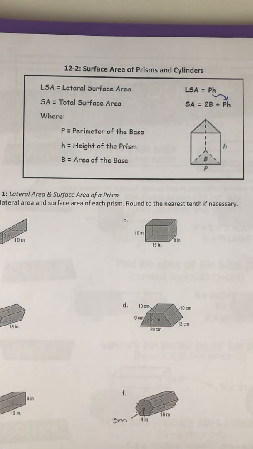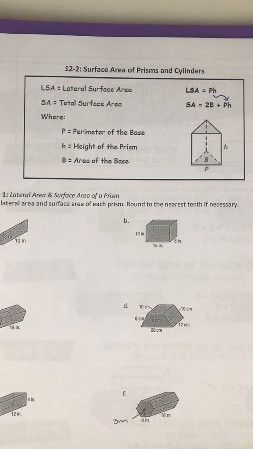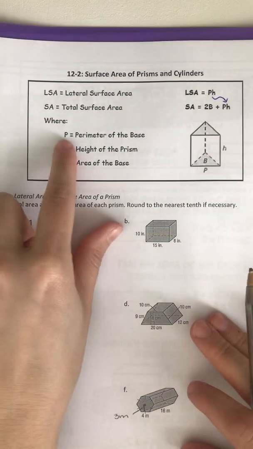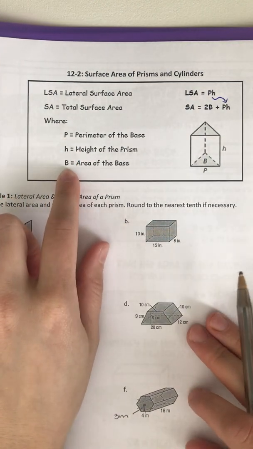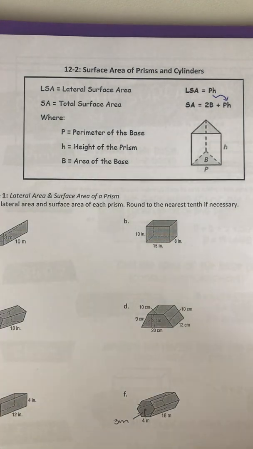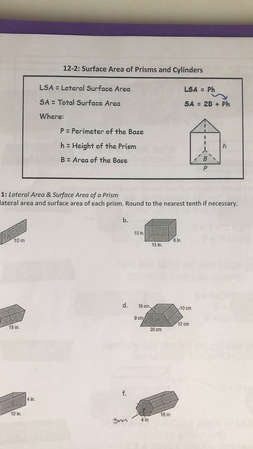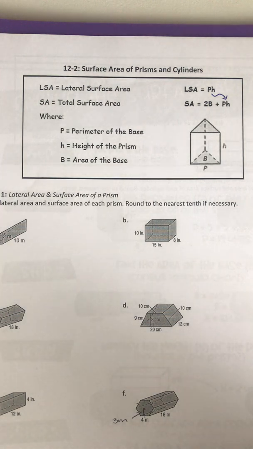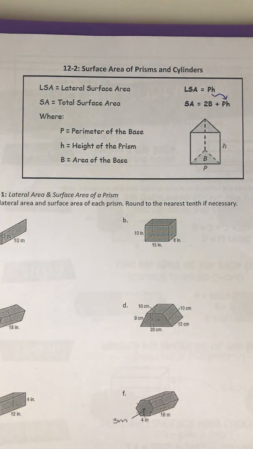And if you noticed in your formula sheet, they're all lowercase variables except P and B. The reason these two are capital is because you have to do some work ahead of time in order to find the perimeter of the base and the area of the base. So you're going to want to take your orange sheet from chapter 11 and attach it to the pink sheet from chapter 12.